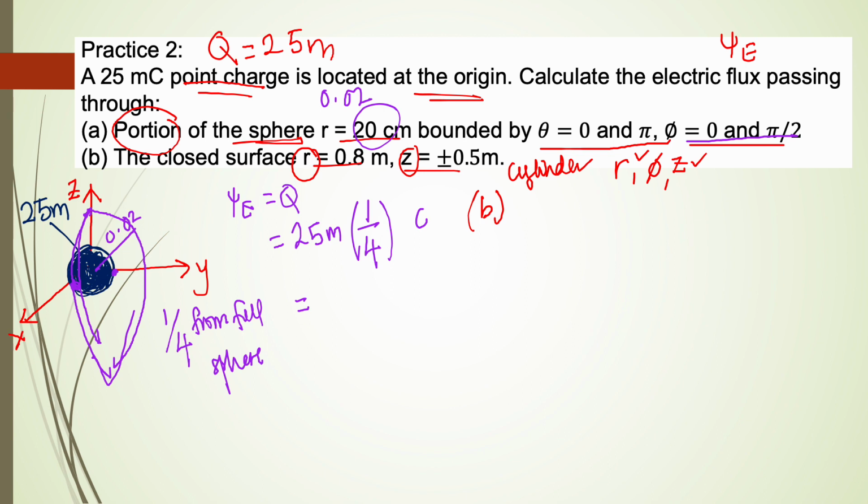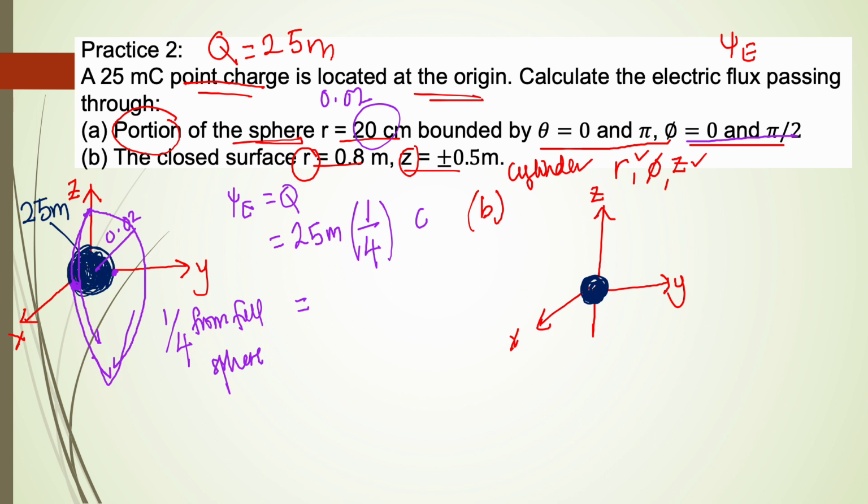If we draw the structure, we have X, Y and Z here, with a point charge of 25 milli located here.